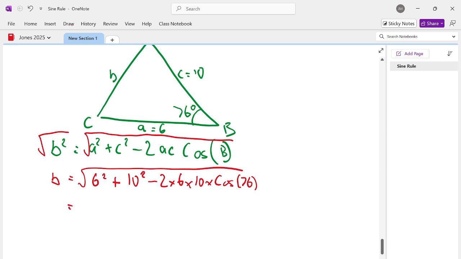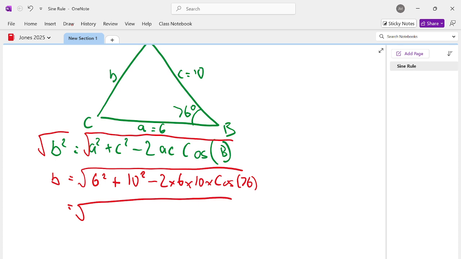And we can pop all of this into our calculator, or we can simplify. Let's just simplify first to save us making a mistake putting it into our calculator.